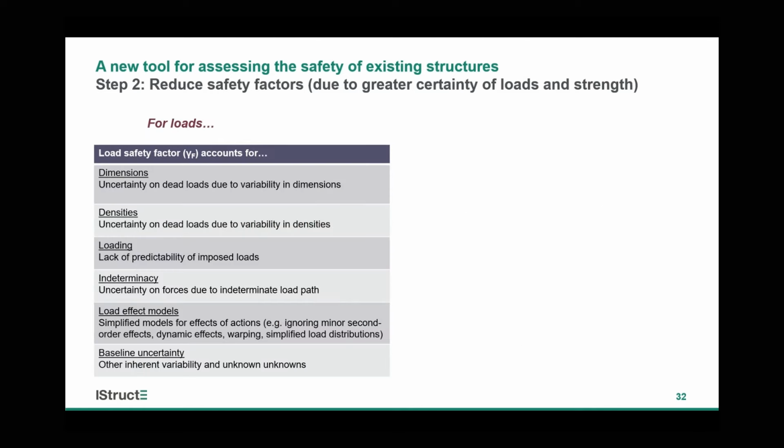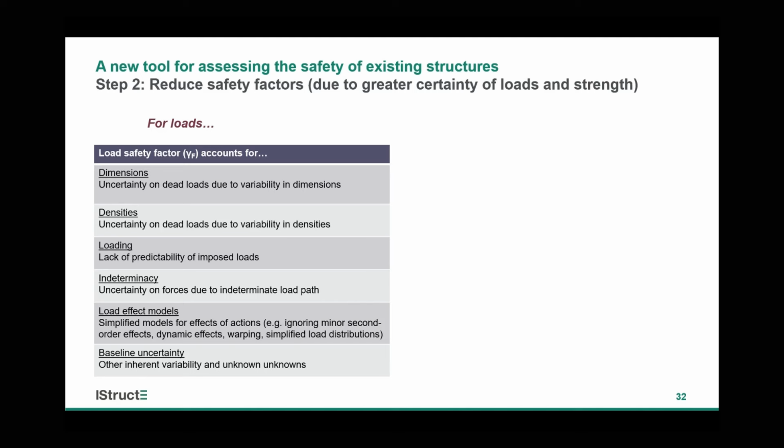Now, unpacking that a bit further, in the tool we've tried to break that down into a number of different categories. For loads, we've broken that down into dimensional uncertainties or density uncertainties, and those two will typically be very relevant for permanent loads.